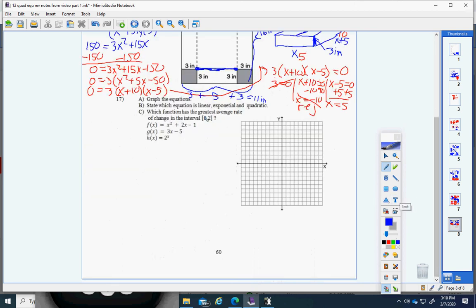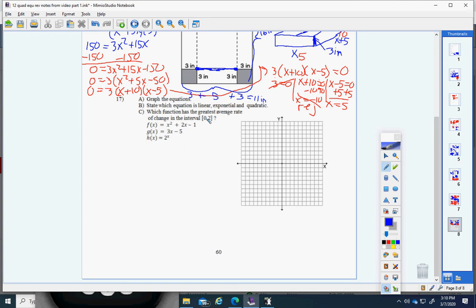Graph the equations. I wish it said graph the functions. Whatever. Functions are equations. State which equation is linear, exponential, and quadratic. And then which function has the greatest average rate of change in the interval from 0 to 2. So they do have to give me an interval because remember the rate of change is not constant in quadratic equations and they're not constant in exponential.